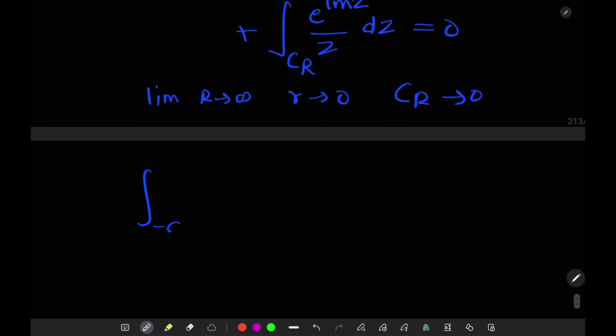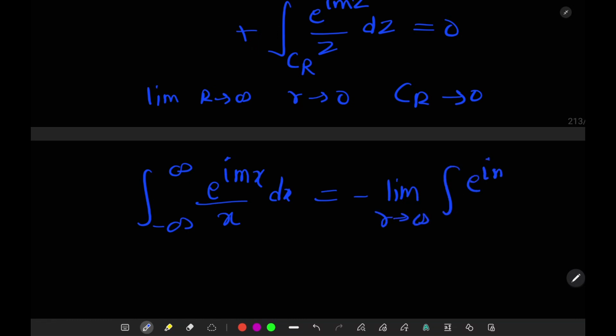So we can write minus infinity to plus infinity e raised to power iota mx divided by x dx equals minus limit of the integral over the small semicircle of e raised to power iota mz divided by z dz.